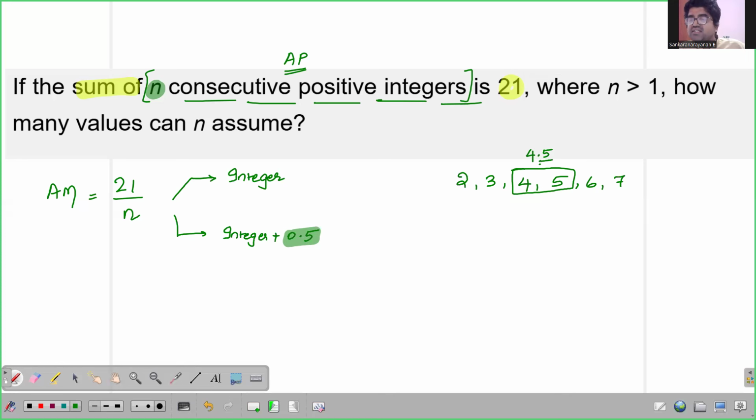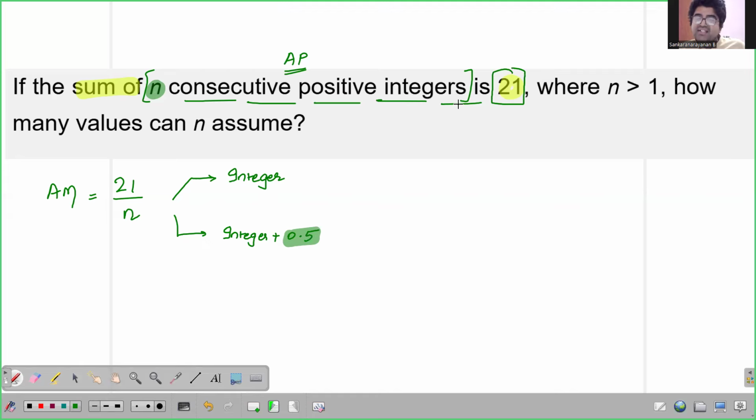So it is an integer with the decimal part 0.5. That is what you have to note: the arithmetic mean should be either an integer or an integer plus 0.5. Also note the total should be equal to 21, not more than 21.